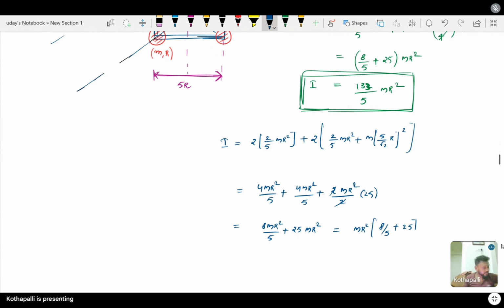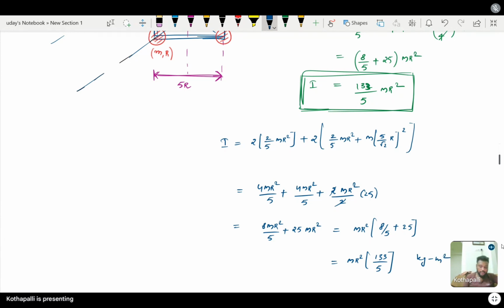It's coming out to be the same. Yes, it's coming out to be same. How much is it? 125 plus 8, 133 by 5. Same. What a coincidence. How much have you got?